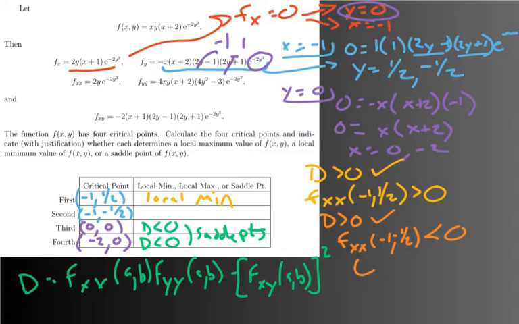And so that implies that it is a local max, okay? So kind of skipping some of the algebra steps in there, but these are very important concepts too from this course. Definitely want to make sure you know how to do all this stuff too.